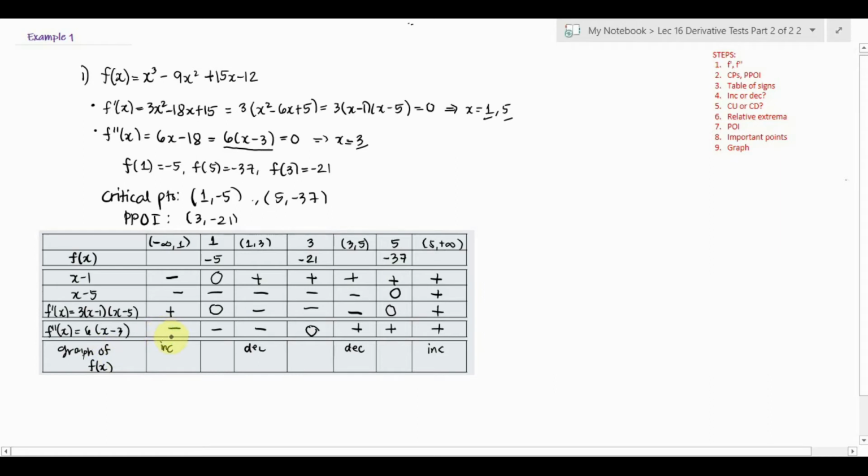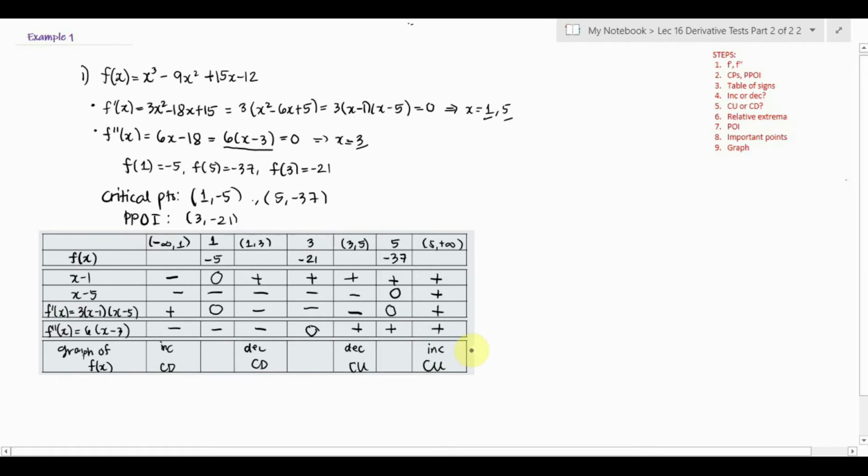If negative, concave down. If positive, concave up. Here we have negative, so that's concave down. Negative again, then we have concave down. Then positive, we have concave up. Positive again, we have concave up. So, we already determined the monotonicity and the concavity of our curve at these specific intervals.